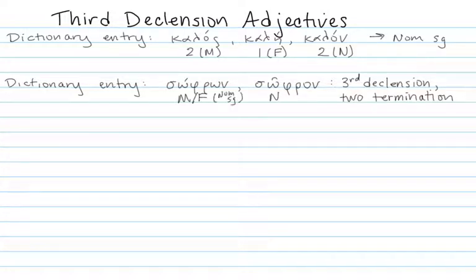Both of these are nominative singular. So sophron with the omega is masculine and feminine nominative singular, and sophron with the omicron is neuter nominative singular.